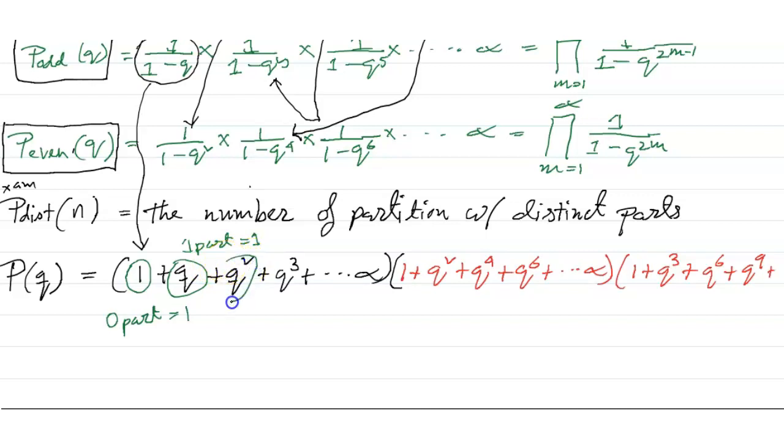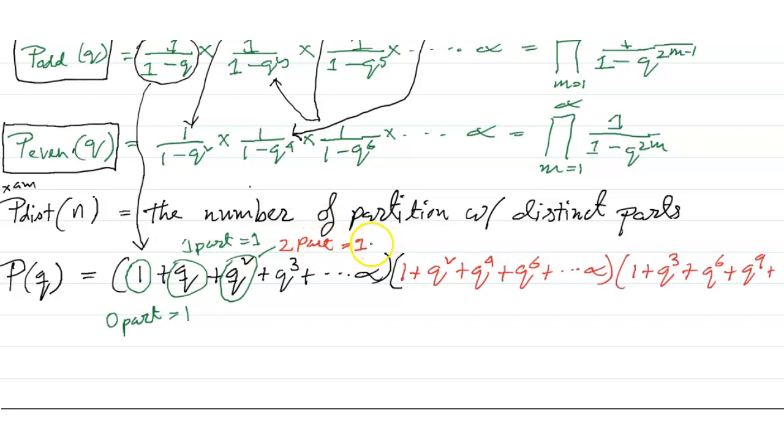This portion is 2 part equals to 1. 2 part equals to 1 partition.